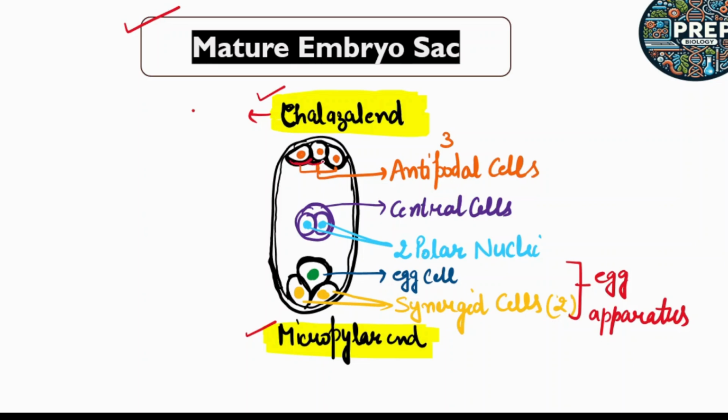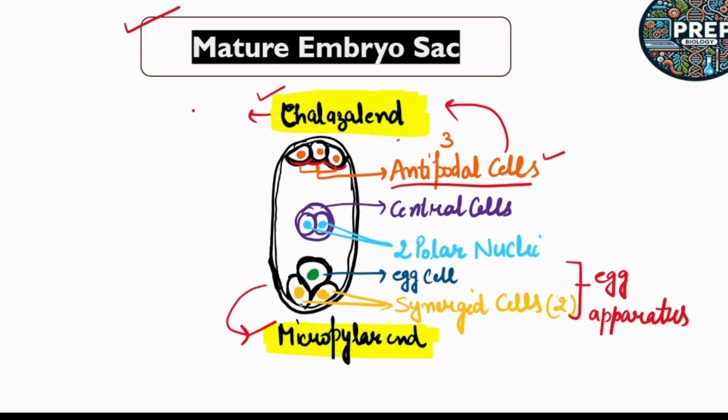These 3 cells at the chalazal end are called the antipodal cells. So make sure the antipodal cells are present at which end? The chalazal end.